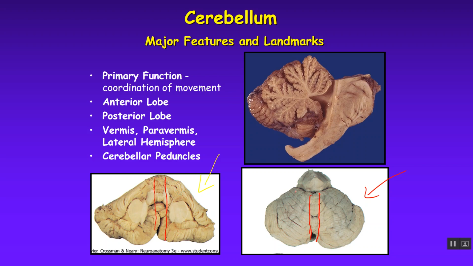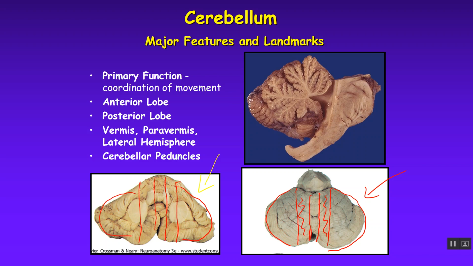Then when you come out a little bit farther, this area here is the paravermis, or paravermal regions. And these areas most laterally are the lateral hemispheres. So in this view, here are the paravermal regions, and these areas out here are the lateral cerebellar hemispheres.